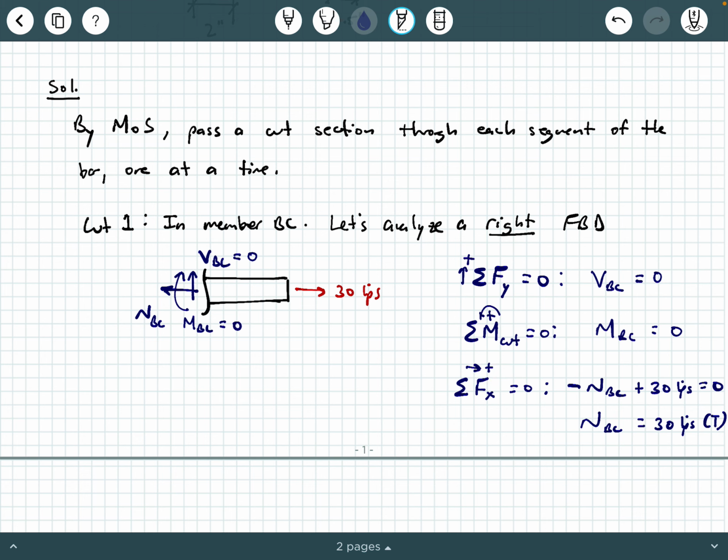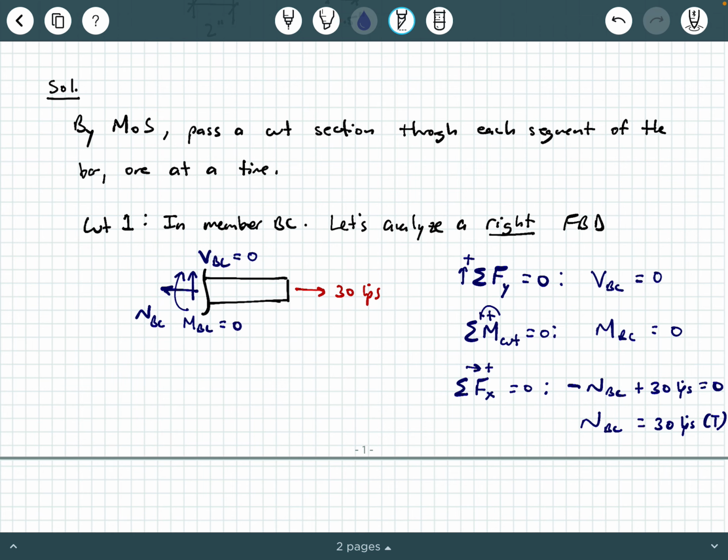The other sign convention has to do with what we are calling tension being positive or compression being negative, okay? So I am pointing NBC out of the cut. Notice NBC, the arrow is pointing away from the cut, okay? That indicates a tensile effect, okay?